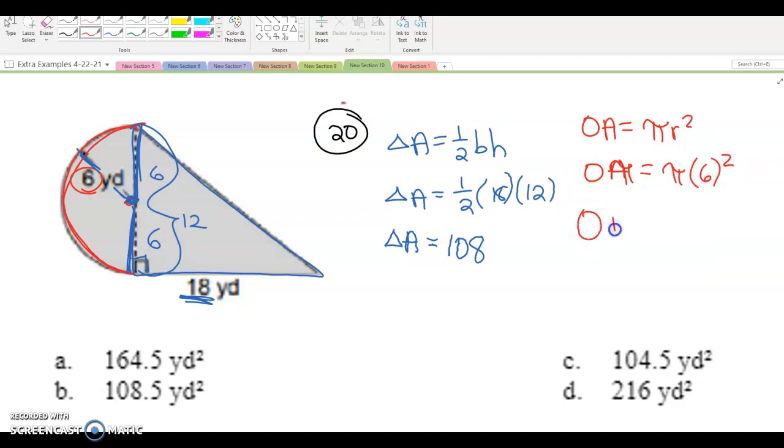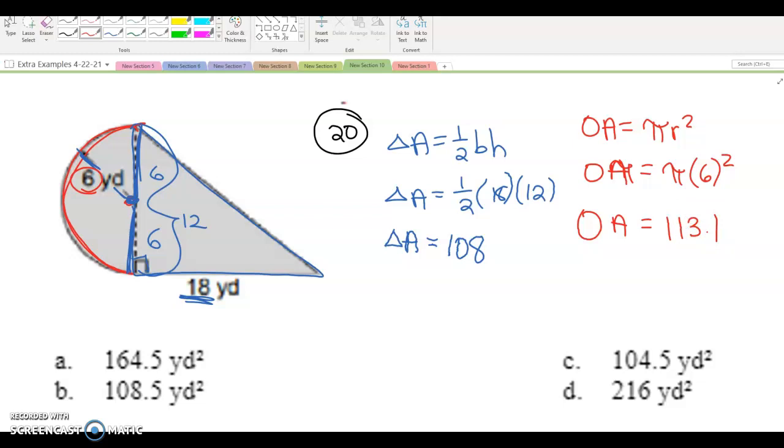What is that going to give me? Pi times 6 squared. I know it's going to be close to 100, but I'm not sure where that would fall. 113.1. Round that to the nearest tenth.